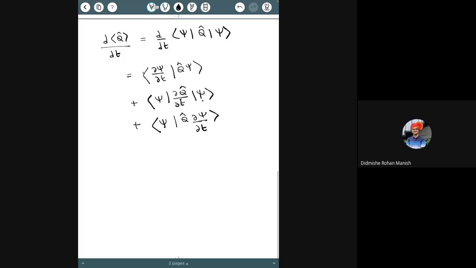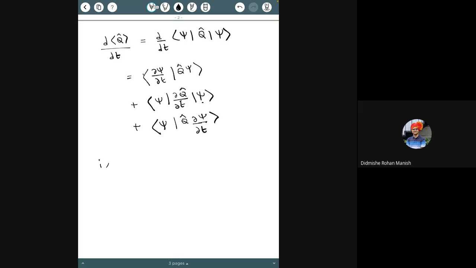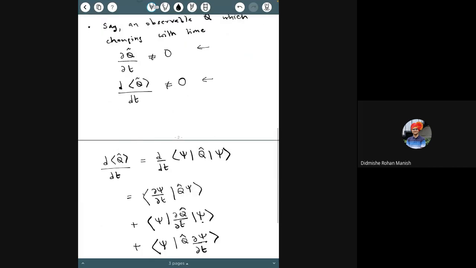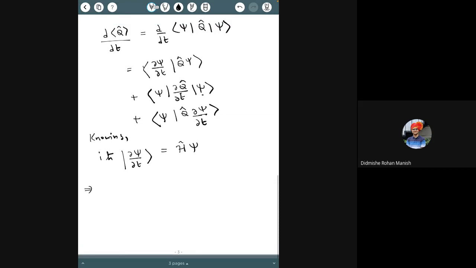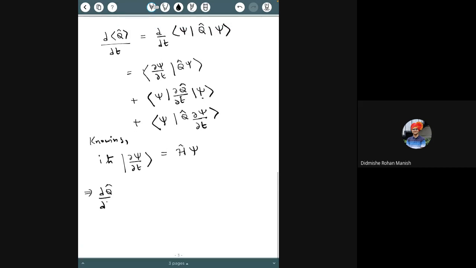Now, we also know the time-dependent Schrodinger equation, which is iħ ∂ψ/∂t equal to Hψ. Now, if I use this relation, I can again write dQ/dt as follows.